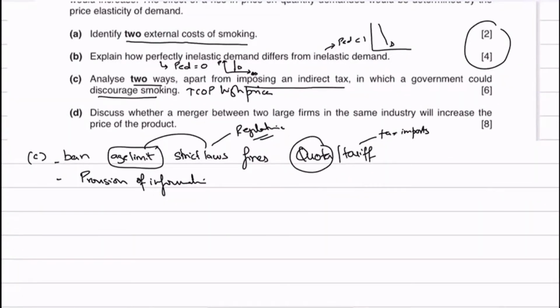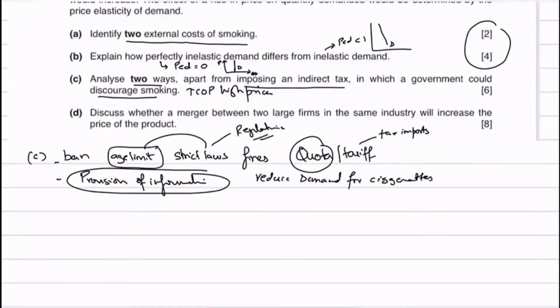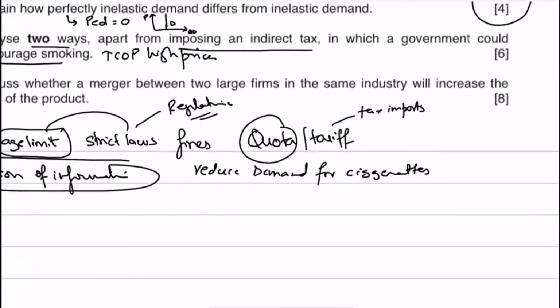So this is another way in which the government could reduce the demand for smoking. This provision of information and coming up with health campaigns will actually reduce demand for cigarettes. Remember that if the government imposes an indirect tax on the cigarette producing companies, that will reduce supply of the cigarettes, right?